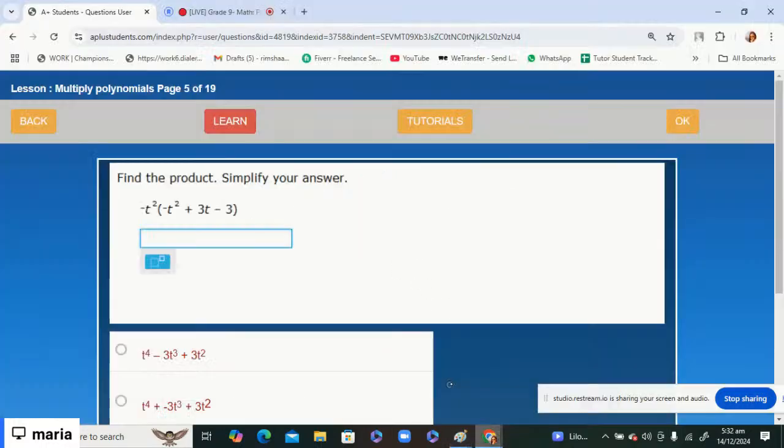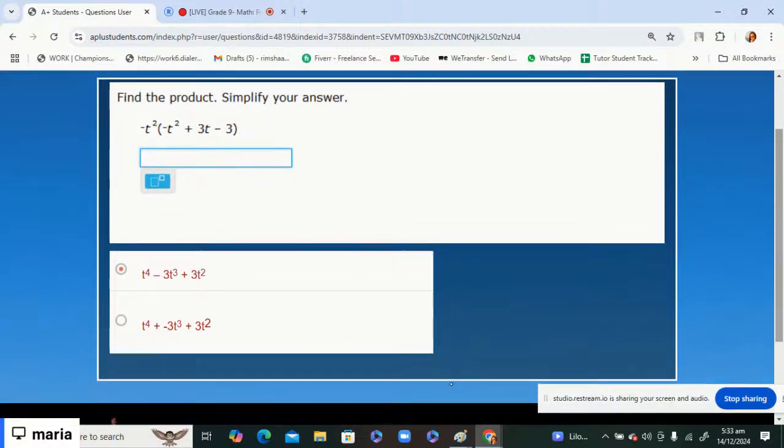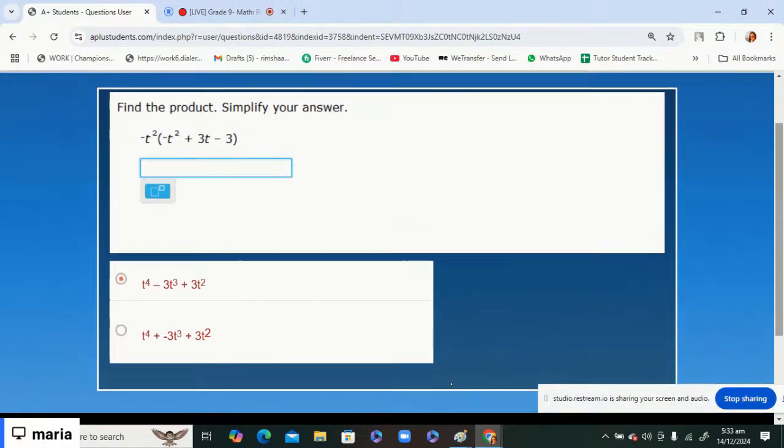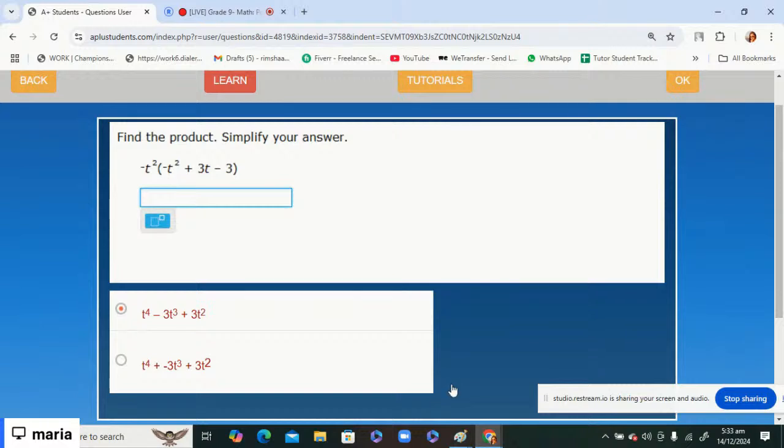Let's see. t^4 minus 3t cube plus 3t square. Is that the answer? Both options are the same. Only here they are just putting plus minus together.